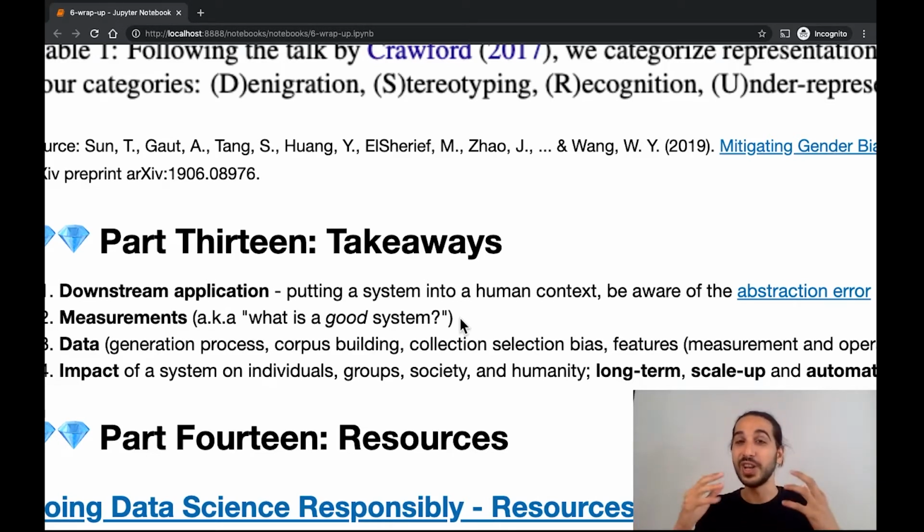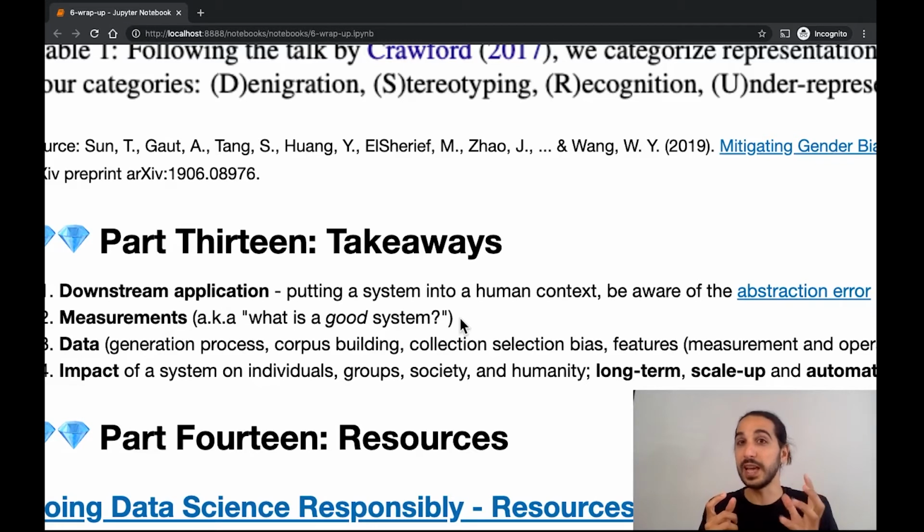It was the generation process of this data. And there is also a lot of work around that if you're coming from NLP, but not only: how to build your corpus, which biases you might encode there, a question of what you choose to take in your data and what out, a question of what features you are deciding to use.